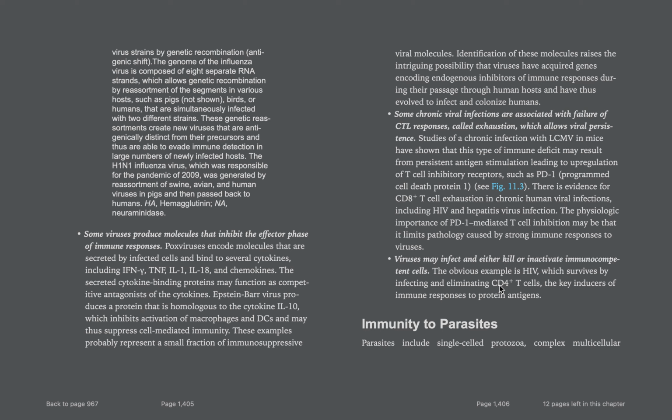Some chronic viral infections are associated with failure of the cytotoxic T lymphocyte response, called exhaustion, which allows persistence. Studies of chronic infection with LCMV in mice have shown that this type of immune deficiency may result from persistent antigen stimulation leading to upregulation of T cell inhibitory receptors such as PD-1, programmed cell death protein 1.